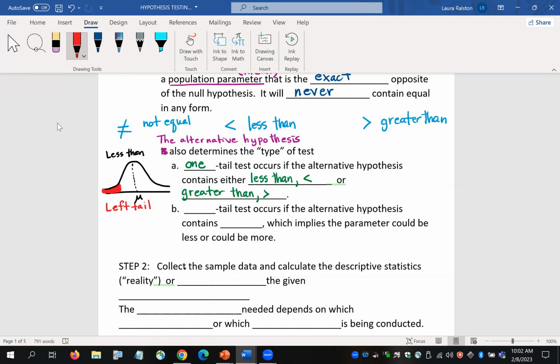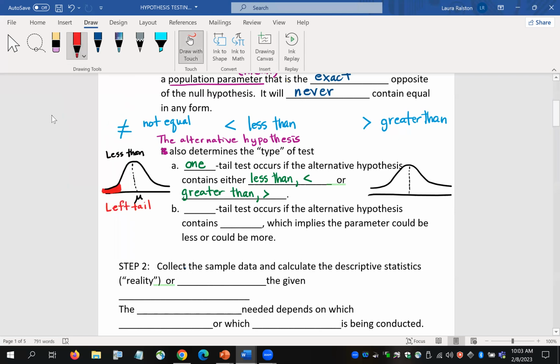Different authors, different researchers use different terms. There's only one rejection region, so it's a one tail. More specifically, it is a left tail because the rejection region is on the left. Similarly, if we're trying to claim that our value is greater than the mean, then our area would be to the right of the mean because greater values are to the right.